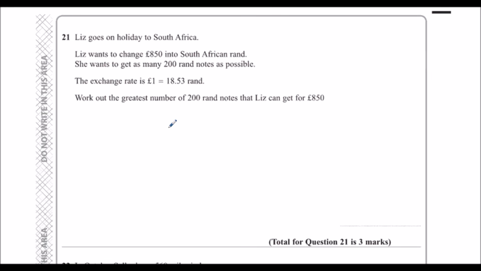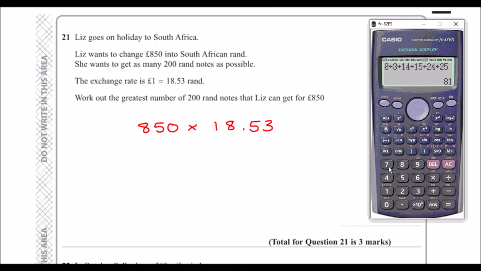Work out the greatest number of 200 rand notes that Liz can get. So £850, each pound is worth 18.53. So we're going to multiply by the exchange rate to see how many rand we're going to get. So 850 times 18.53.